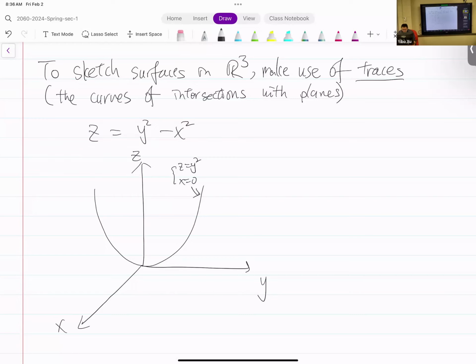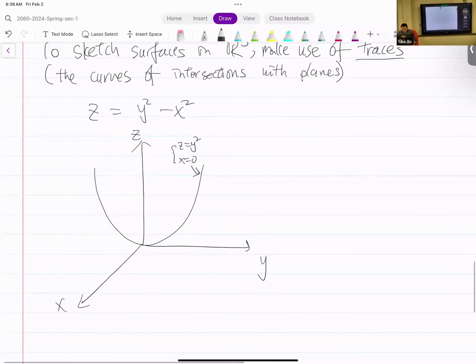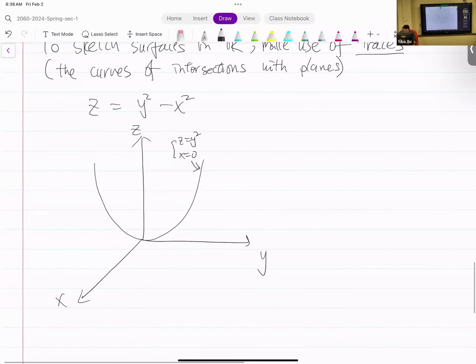And now, if you think about making y equal to 0, this is z equal to negative x squared, right? But y equals 0, that's in the xz plane. So it's on the side that's on the left. We want to make it a little bit not as fat as the one that we have, and it's opening downwards.